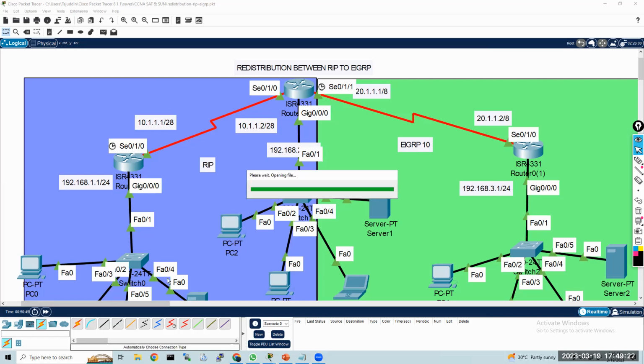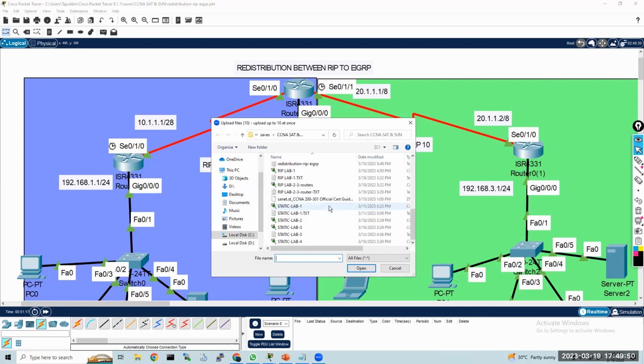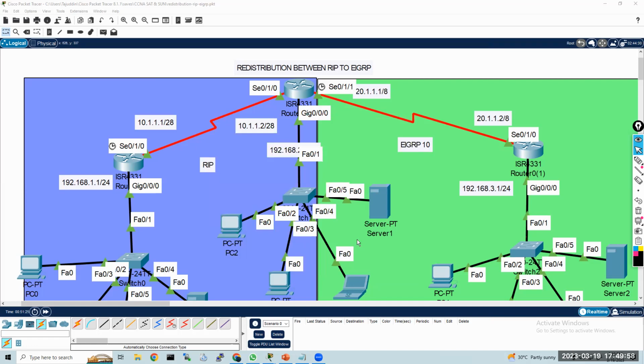So let me share this file. Redistribution lab. Okay, I'm sharing these two files now. I hope you received them, right?